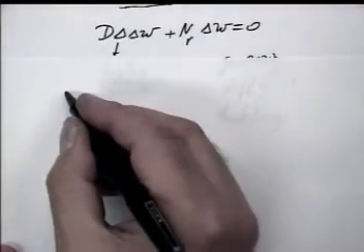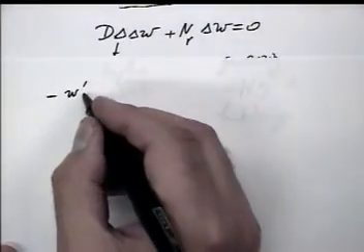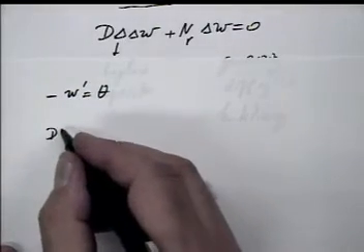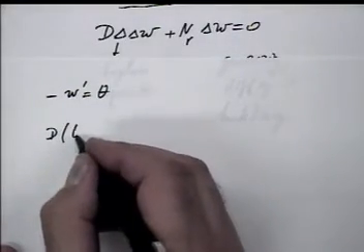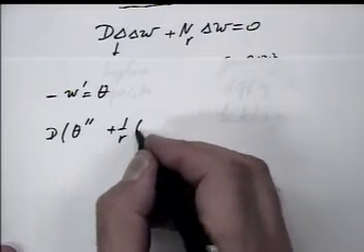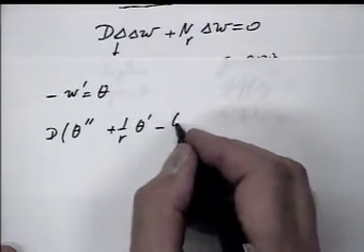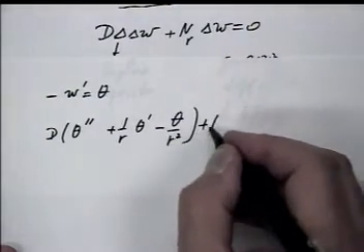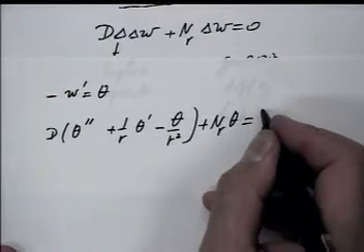Or this equation can be written in terms of theta, because minus W prime equals theta. And that is D theta second derivative plus 1 over r theta first derivative minus theta over r squared plus NR theta equals 0.